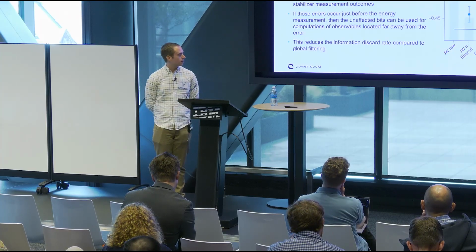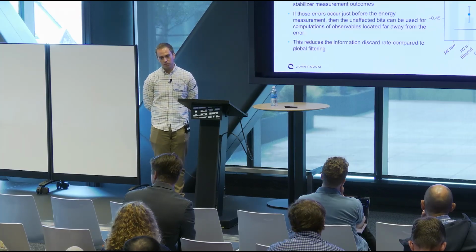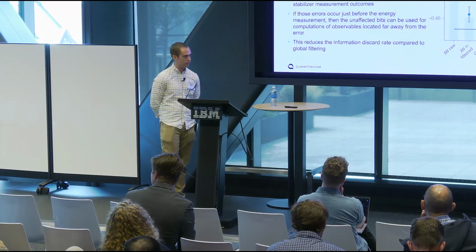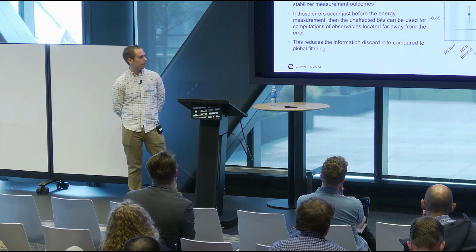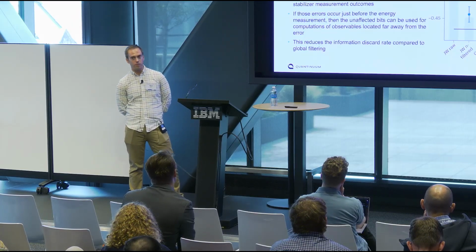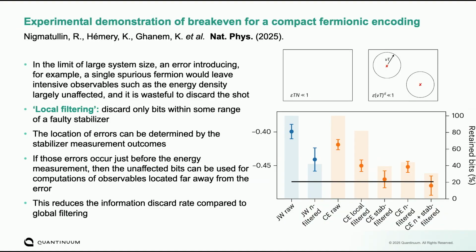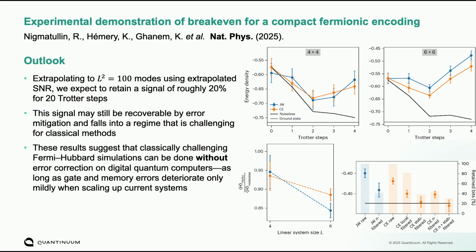The best filtering that we saw was with this global filtering; however, we lost a lot of the bits and the data from that. Whereas this local filtering offered a pretty significant improvement in performance, where we were still able to keep somewhere around 80% of those bits. And so it'll also be more scalable in the future.